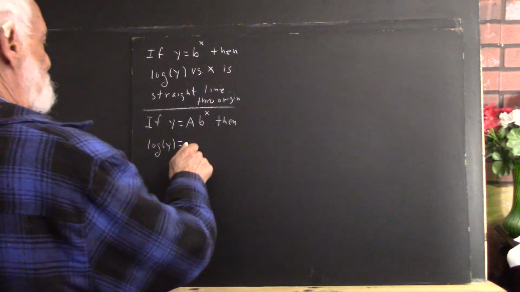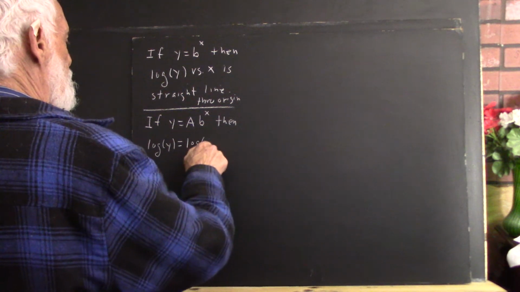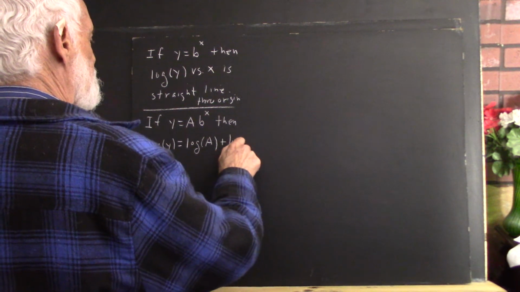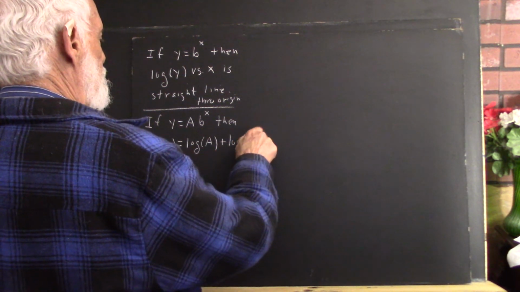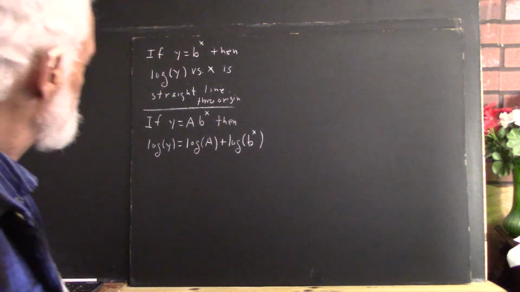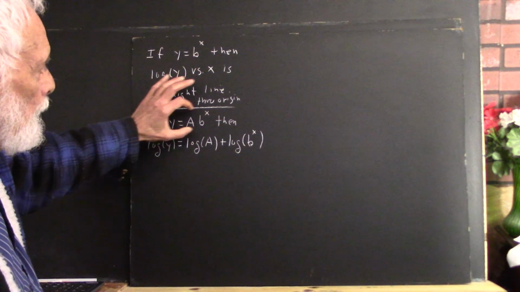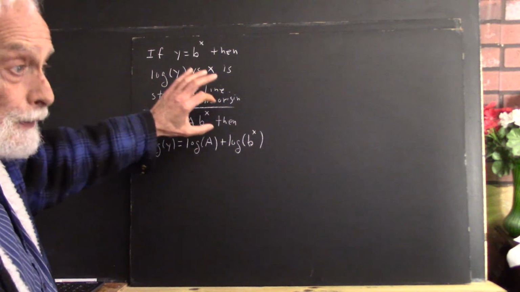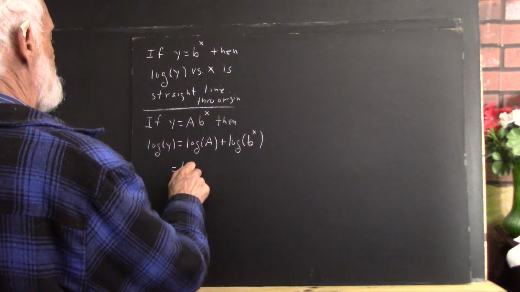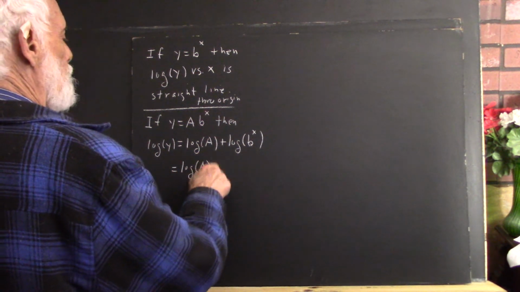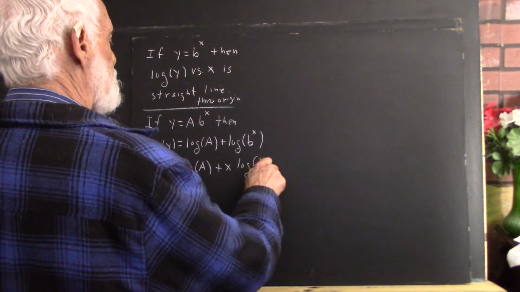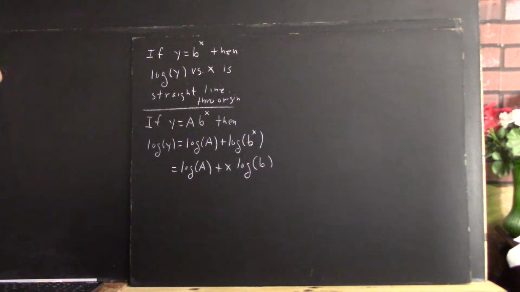Log of y equals the log of a plus the log of b to the x, because of course the log of a times b to the x is the log of a plus the log of b to the x. And this equals the log of a plus x times the log of b.